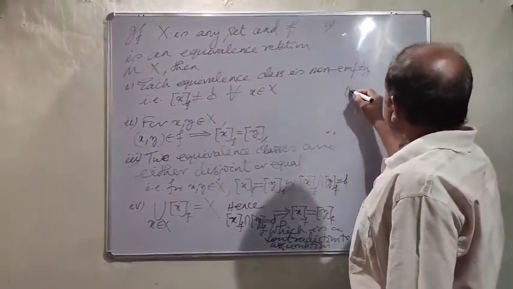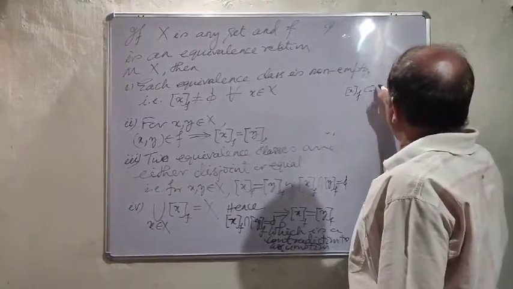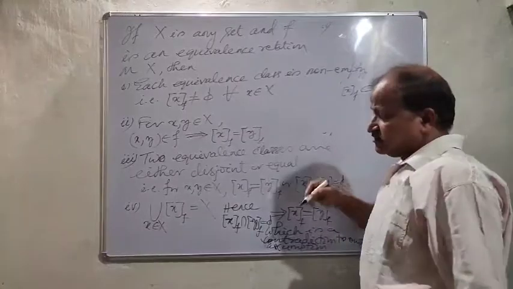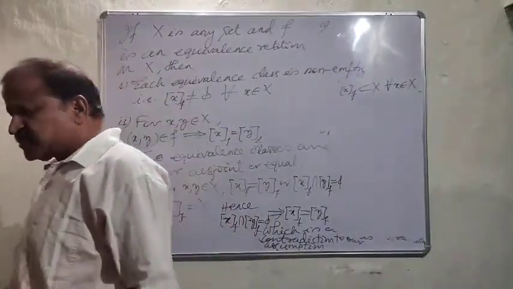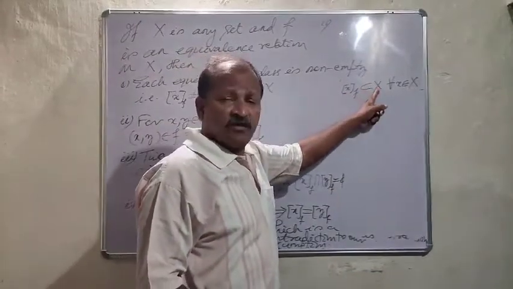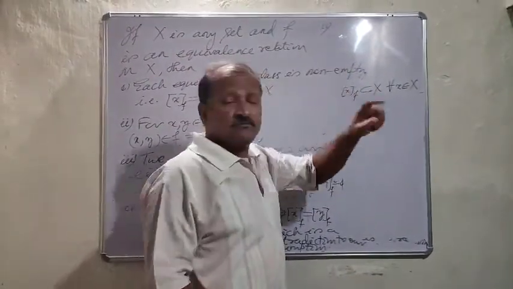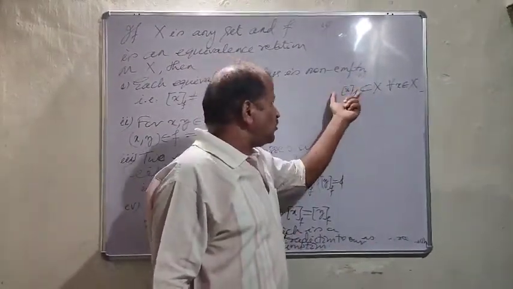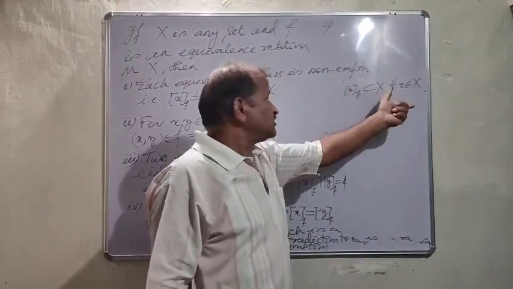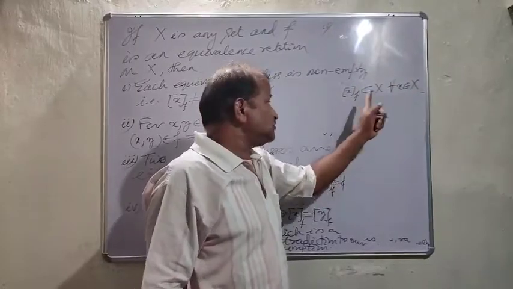Because the equivalence class of x is a subset of X for all x belonging to X. The equivalence class of x, what is it? It is the set of elements of X which are related to x. So it is a subset of X for all x belonging to X. This is a subset.